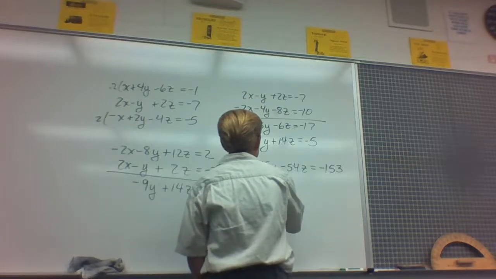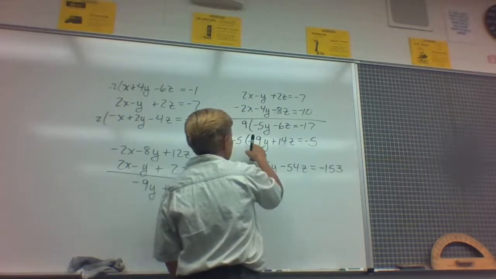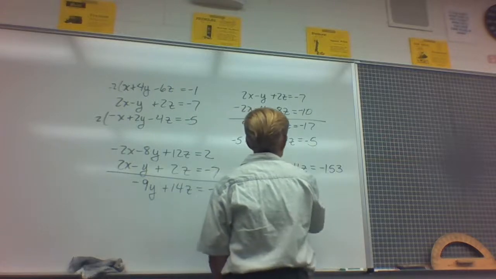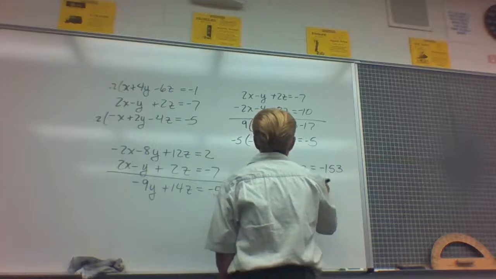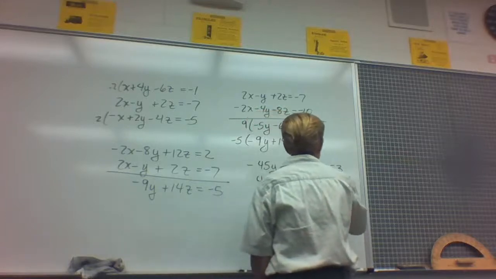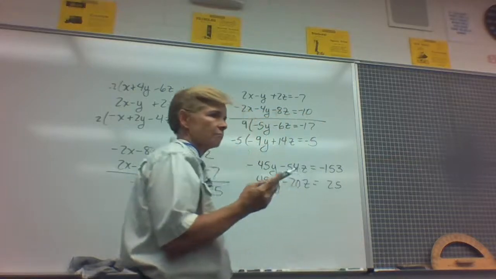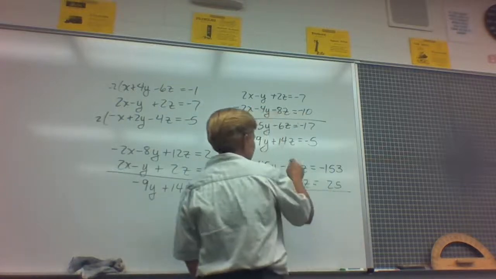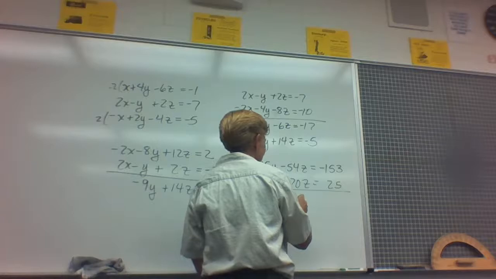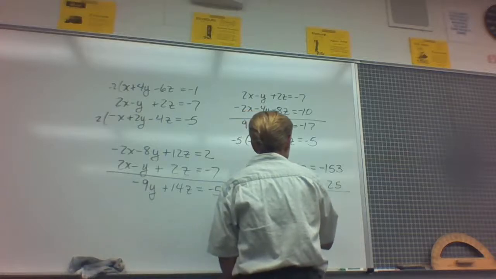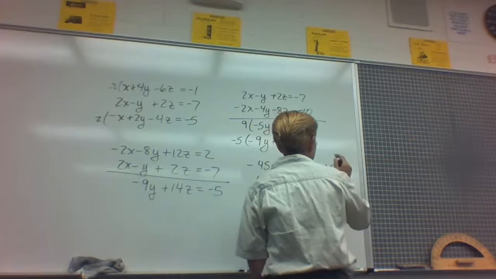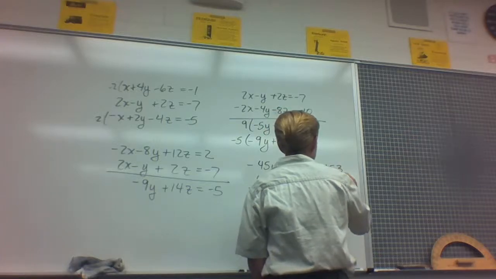Okay, so when I run the negative 5 through here, this time this is a positive 45y minus 70z equals positive 25. How we doing? We okay? Add these together and the y's add out, and I get negative 70 and 54, that's going to be negative 124z equals 13 minus 5 is what?